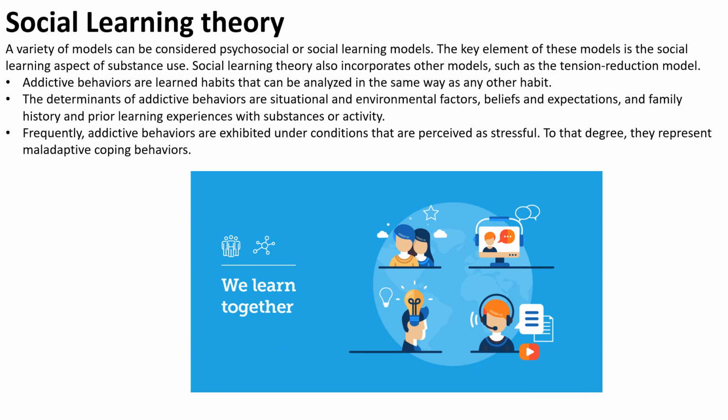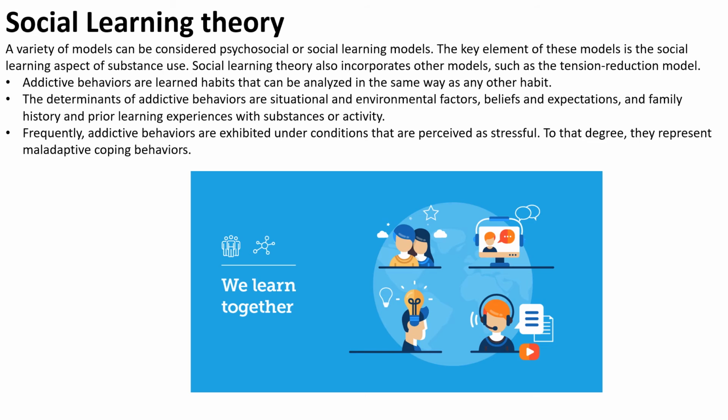Social learning theory. A variation of models can be considered psychosocial or social learning models. The key element of these models is the social learning aspect of substance use. Social learning theory also incorporates other models, such as tension reduction models and addictive behaviors.